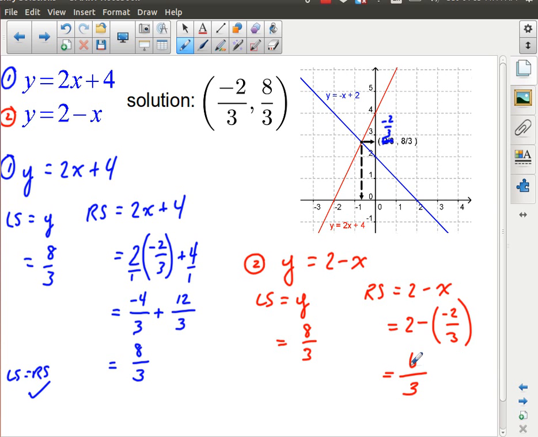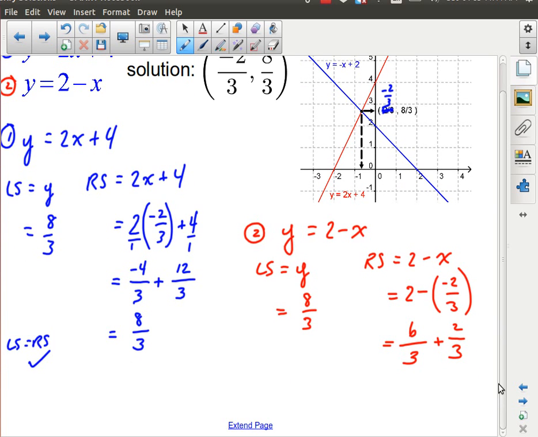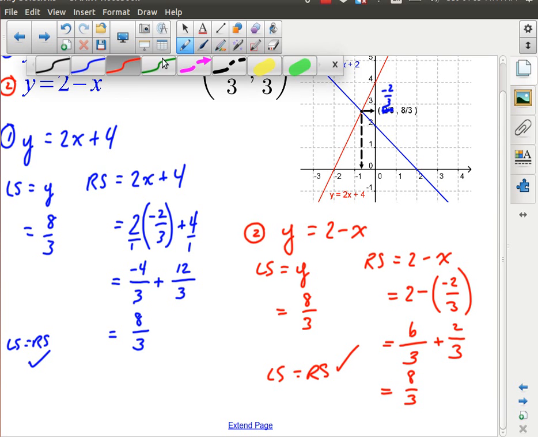That's the same as 6 over 3. A negative and a negative becomes a positive. And that is equal to 6 plus 2 is equal to 8 over 3. Left side equals right side. Check. Both equations have been verified.